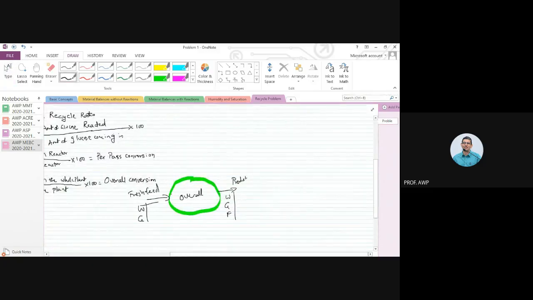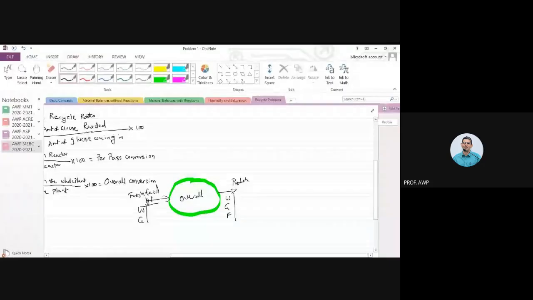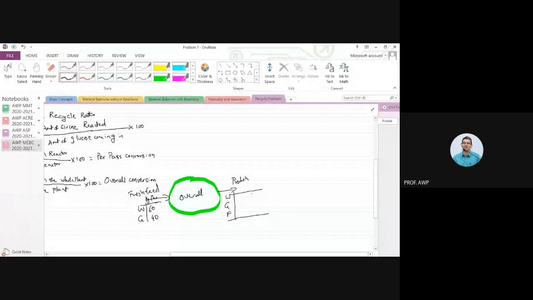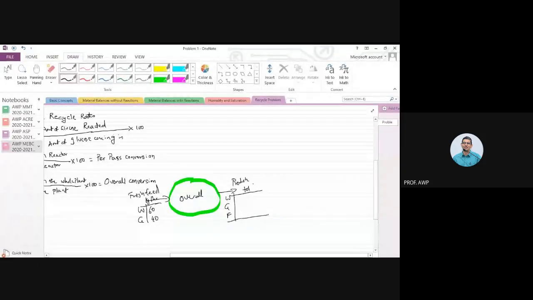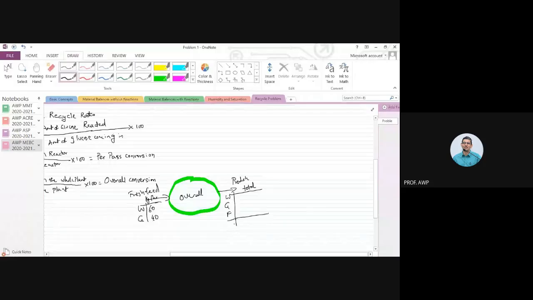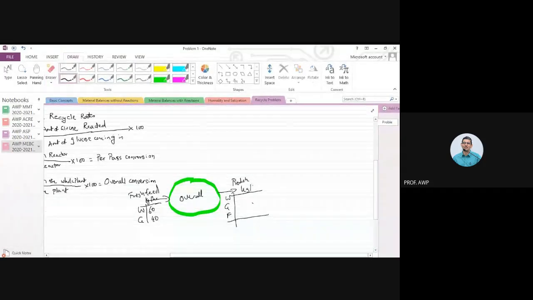You have a fresh feed coming in, you have a product stream going out. In terms of kg per hour, water is 60, glucose is 40. So the total amount of product going out in kg per hour, since it is steady state, should be 100 only.